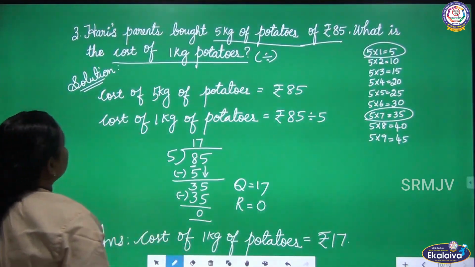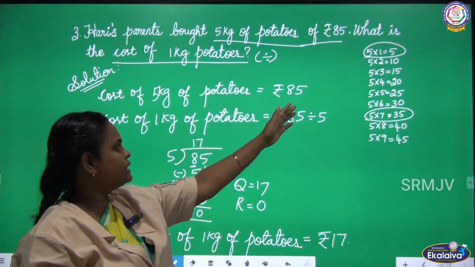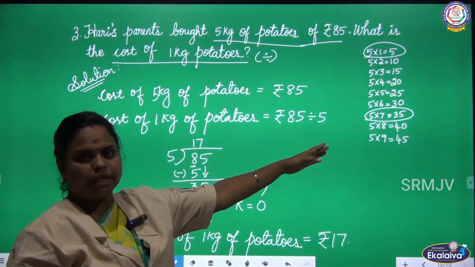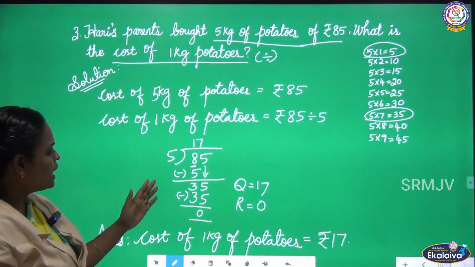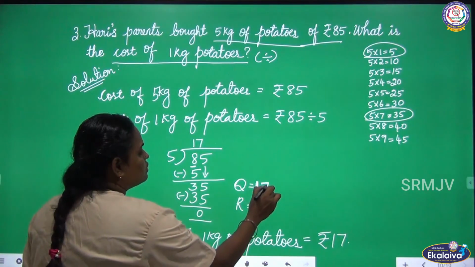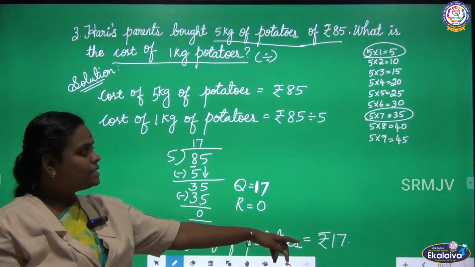Listen children, they have given the cost of 5 kg of potatoes, rupees 85. Next, cost of 1 kg of potatoes we are going to find out, that is 85 divided by 5. If you divide 85 by 5 you will get 17. So the cost of 1 kg of potatoes is rupees 17.